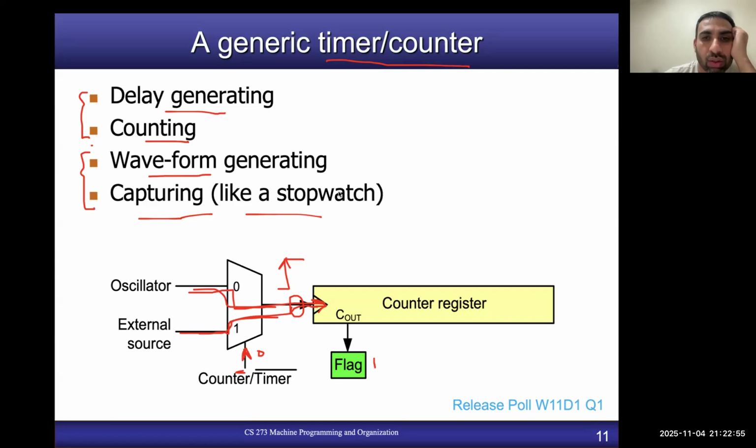So if the statement is vague, just ignore it. But I want to highlight the point that a counter operates on an external sensor or an external event, while your timer operates on the clock signal.